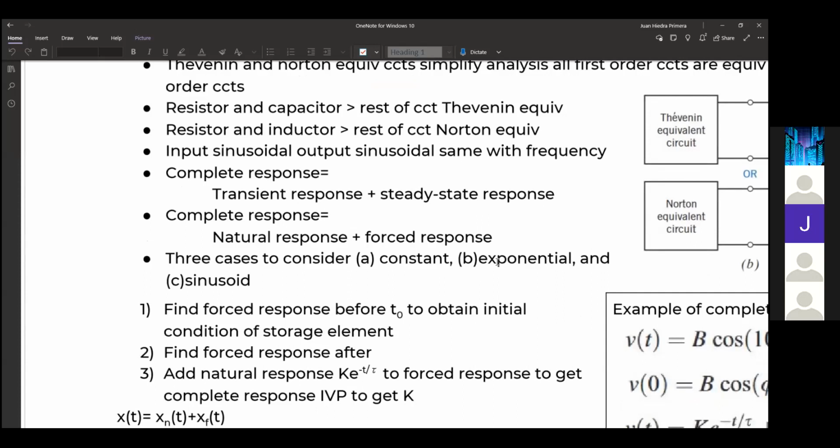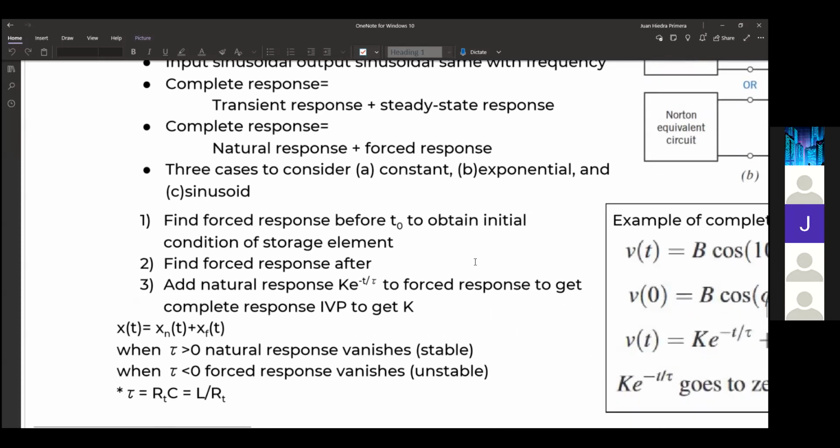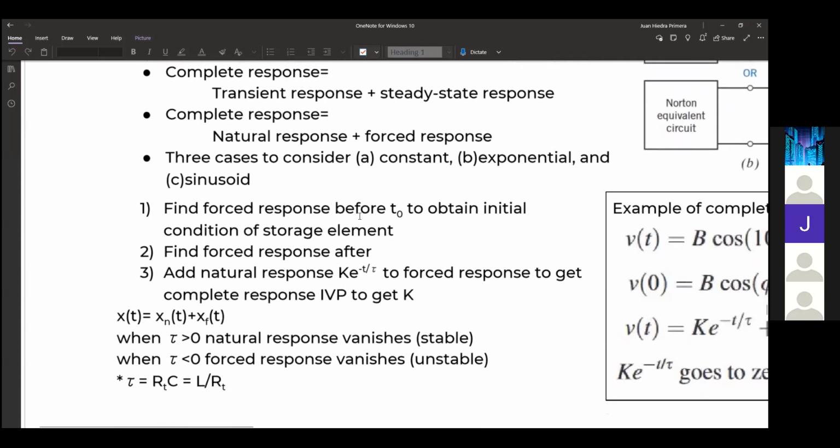In those cases, you have to consider that you can either have a constant response, in which the circuit is basically just a DC circuit, an exponential, or a sinusoid. In order to work with that, you first find the forced response before t, then you find the forced response after, and then you add the natural response to the forced response to get your complete response.